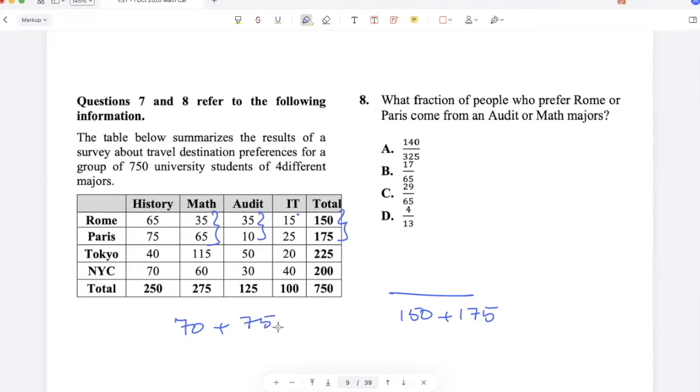So 145. Okay. So 145 divided by 325. So let's try with 5. 5 2s are 10, 5 9s are 45, 5 6s are 30, 5 5s are 25. So 29 by 65, C.